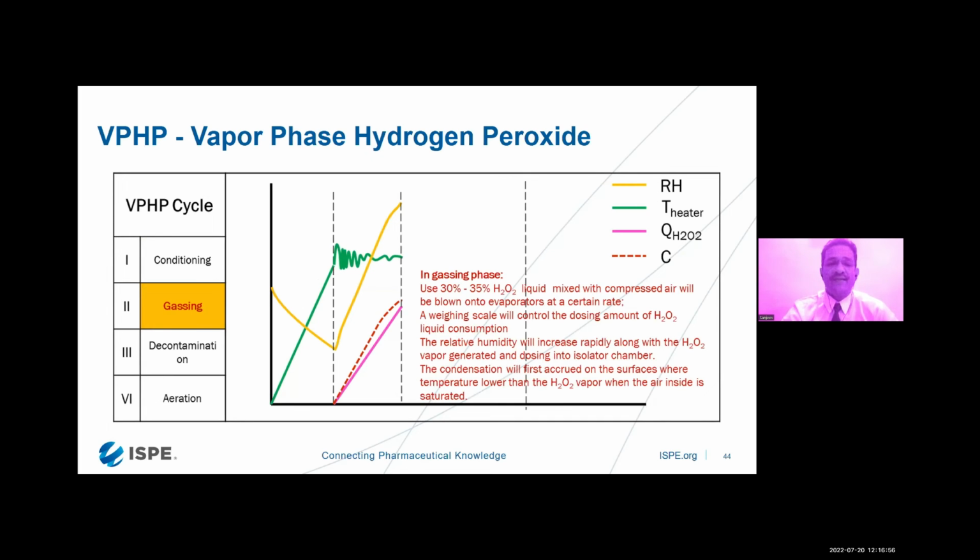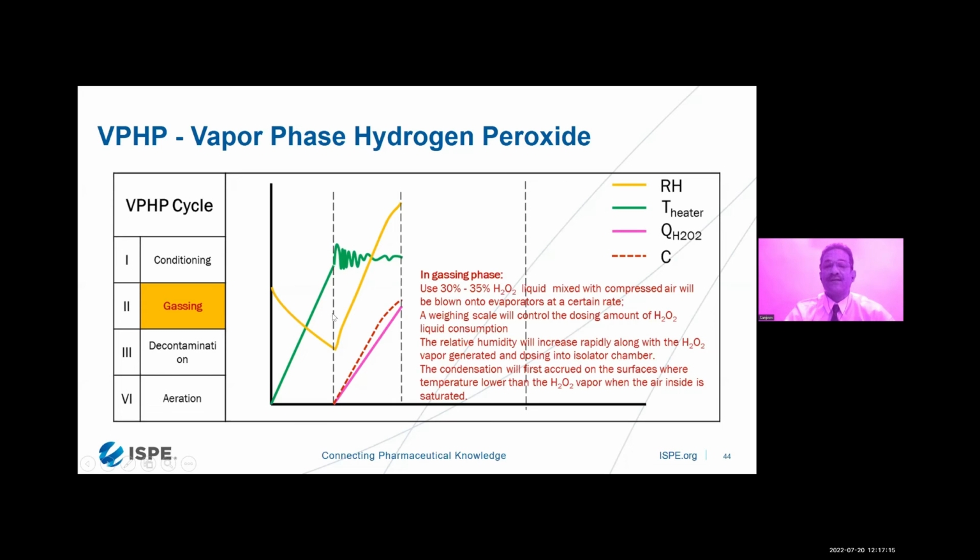So in the gassing phase, as you can see, this is the RH, just using my mouse. In the conditioning phase, you have gone for the lower RH, and then you have started heating, and you have started putting the VHP inside the chamber.